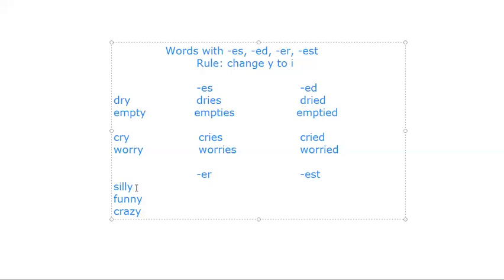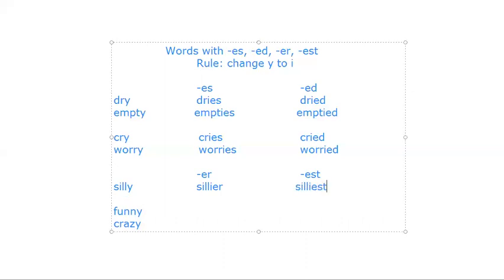So we can still compare with these words, silly, funny, crazy, which are our adjectives. They're words that describe something, and we can compare them and add er and est. But because these words end with a y, we change that y to an i, so we have sillier. When we compare one thing to something else, we say sillier.